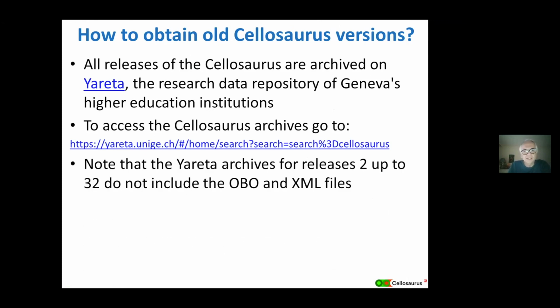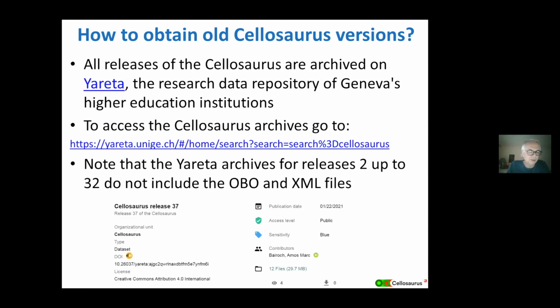So you have all of those releases archived, except the OBO and XML files, which were not kept up to release 32. But you have the structured text file from release 2 to now, and since release 32, also OBO and XML. And you can download them; again, it's CC BY 4.0, and there is a DOI for each archive.